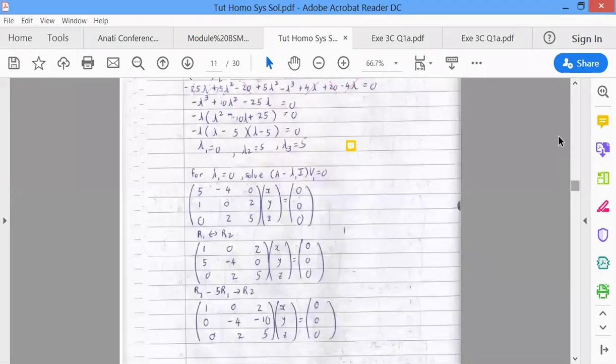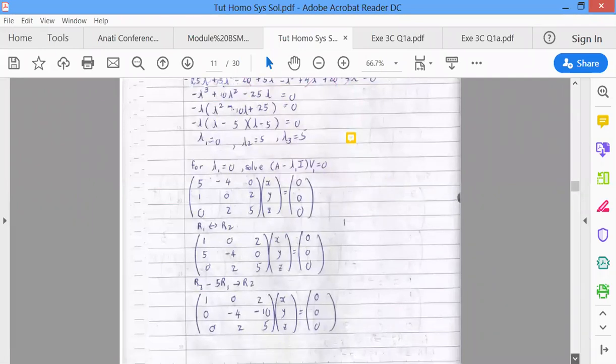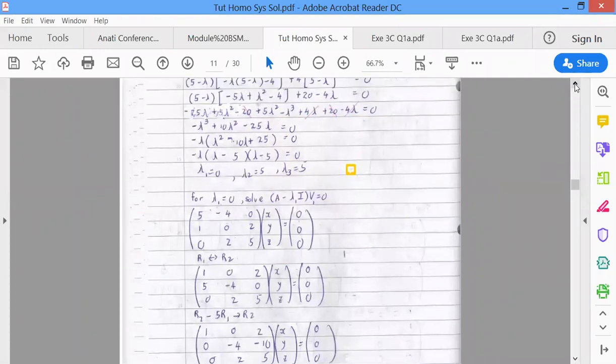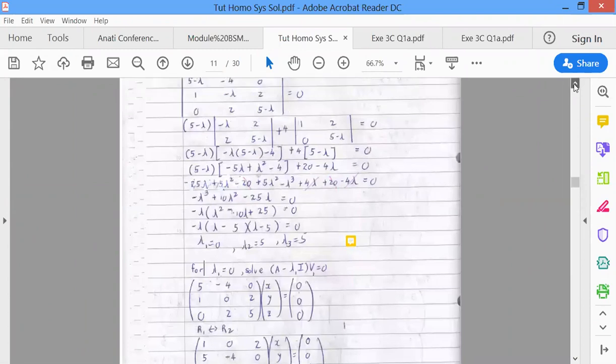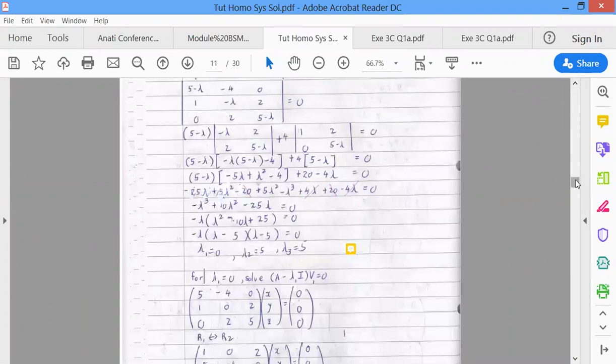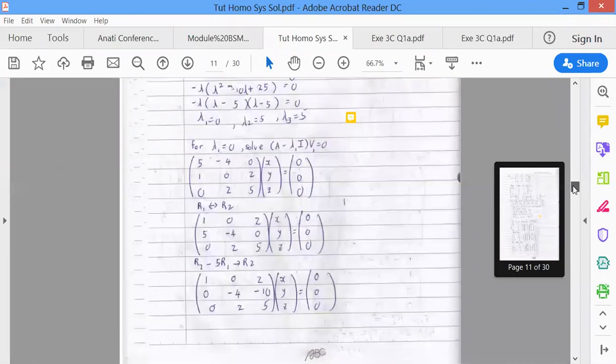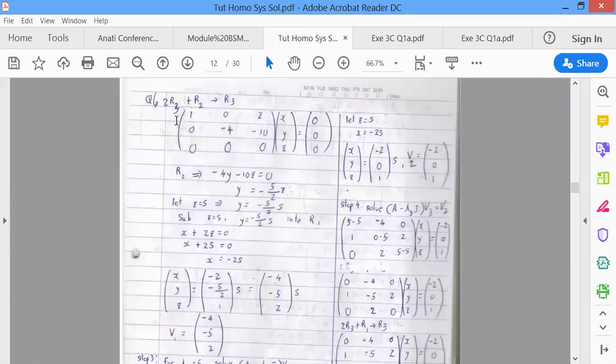So I use the row operation 2 times row 3 plus row 2, and put it in row 3, so row 3 becomes 0.